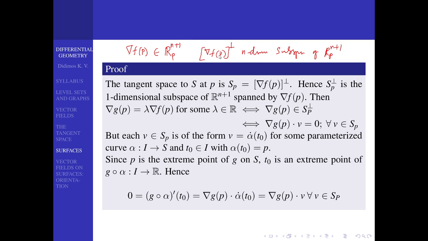Now if you consider del f(p) perpendicular, whole perpendicular, that is always a one-dimensional subspace, because this is an n-dimensional subspace, so the whole perp is a one-dimensional subspace.